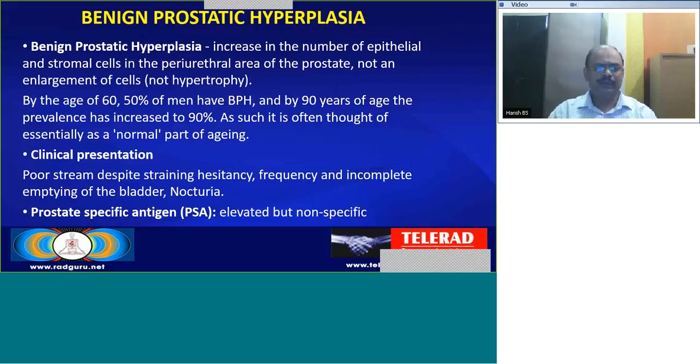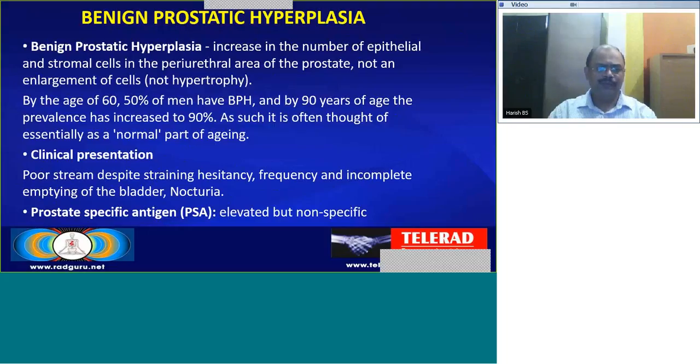That is the reason it is called hyperplasia. By the age of 60 years, 50% of men will have BPH, and by the age of 90, the incidence increases to 90%. It is thought to be essentially a normal part of aging.